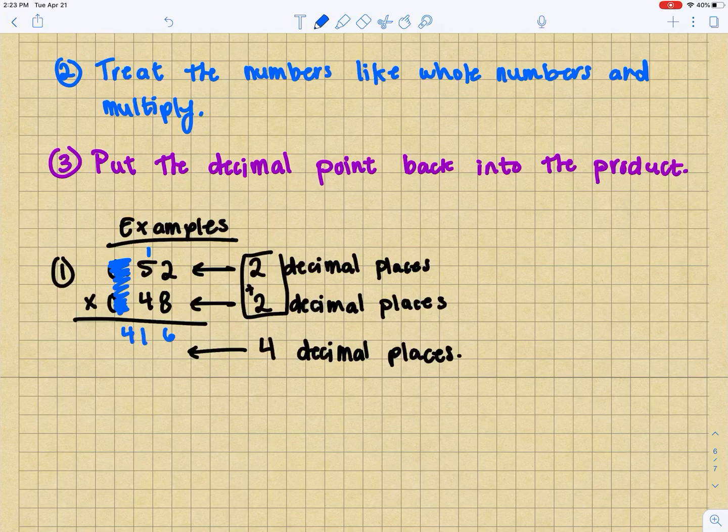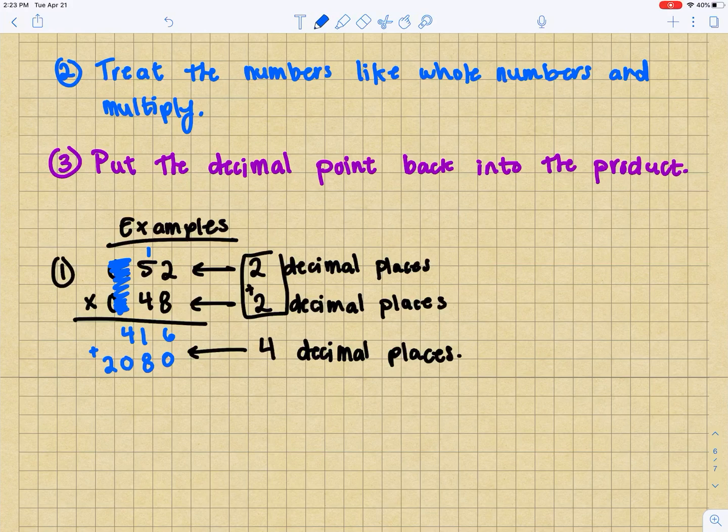Now I need to put in a placeholder 0. Now multiply the 4. 4 times 2 is 8. 4 times 5 is 20. And then add these two things together.